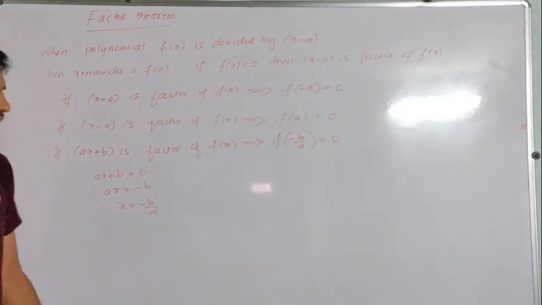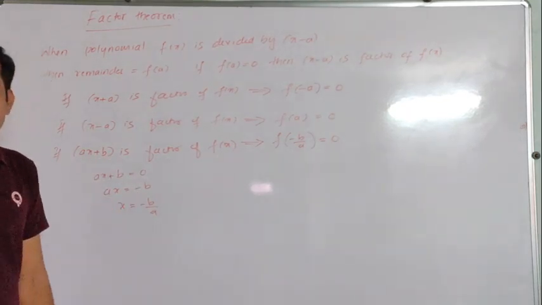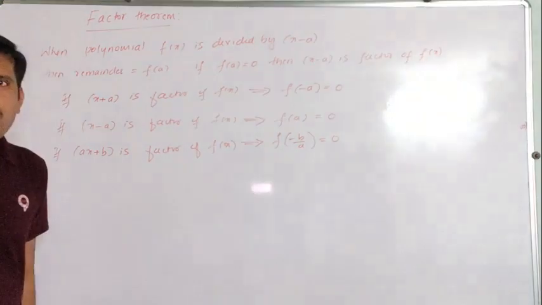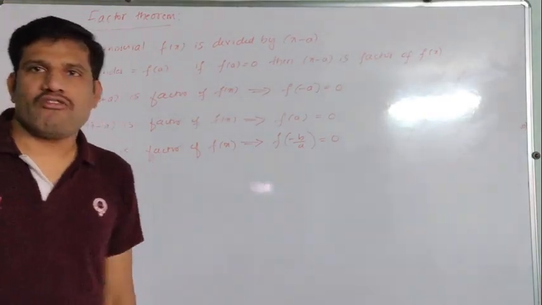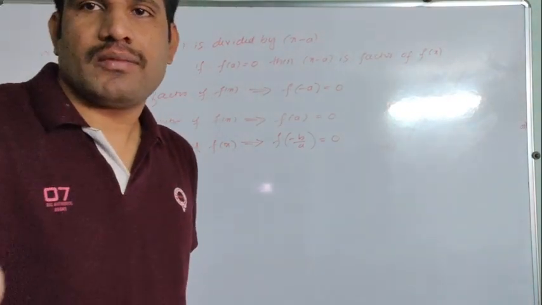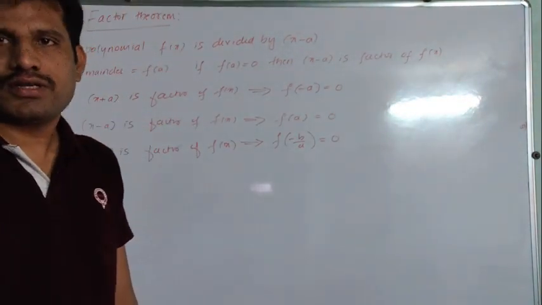Is it clear, friends? So ax plus b equal to 0, what is the x value? Minus b by a. So if ax plus b is a factor of f of x, then f of minus b by a equals 0 according to the factor theorem.